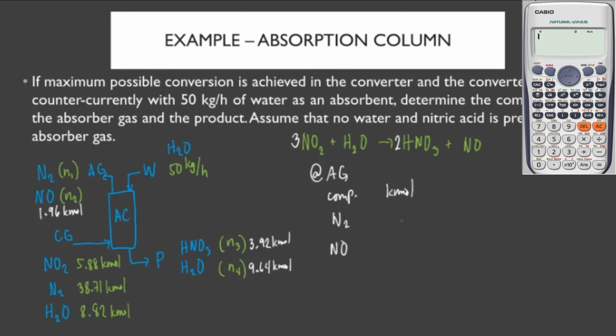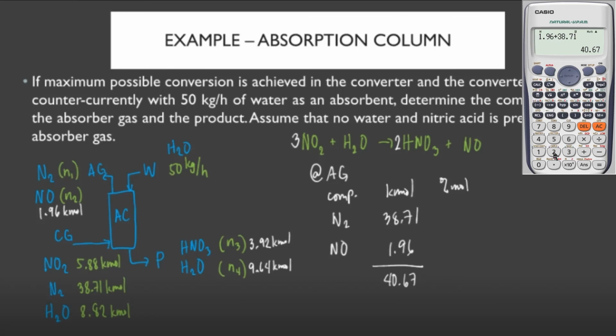So we have 38.71 and 1.96. Let's get the total, that is 40.67 kilomoles. And then from here, we can get their percents by mole. I'm choosing to represent this in terms of percent by mole because it's a gas mixture. And for gas mixtures, you can either use percent by mole or percent by volume.